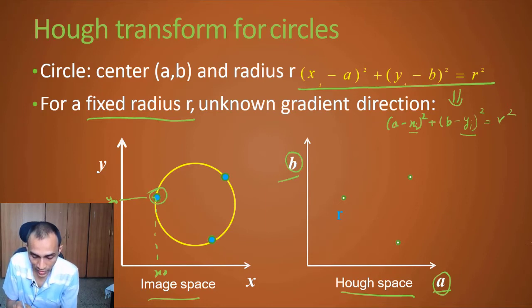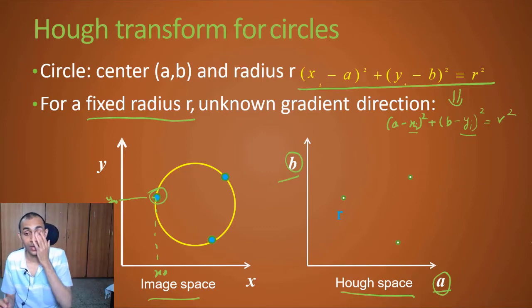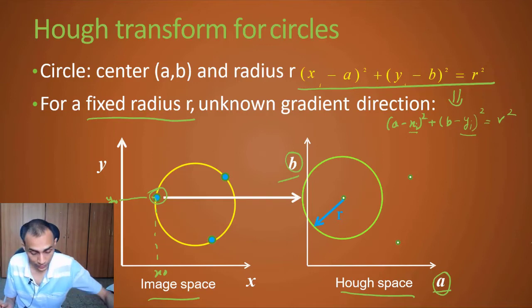This is again an equation of a circle with center x0, y0, with a as x0 and b as y0, and again the same radius r. So it will correspond to a circle with radius r and center x0, y0. I hope everybody can appreciate that.